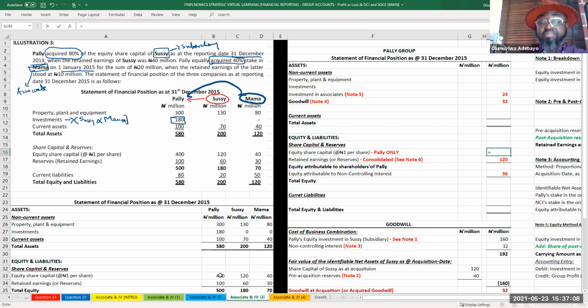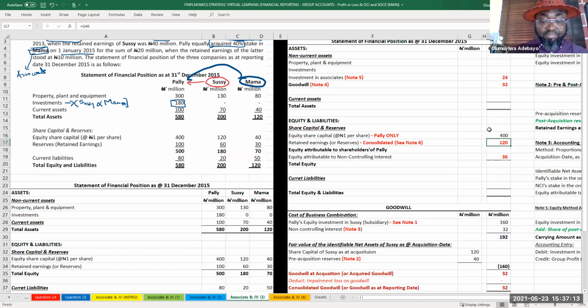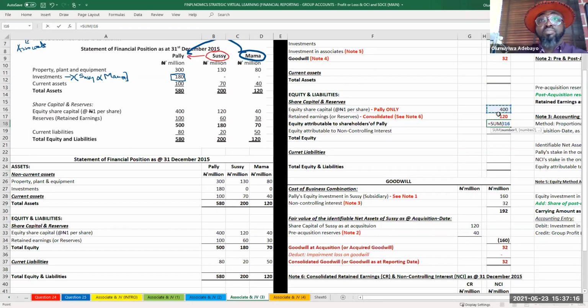That is 400 million. Therefore, I can sum this up and my total equity. Okay.